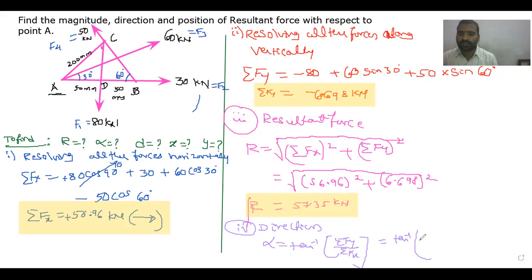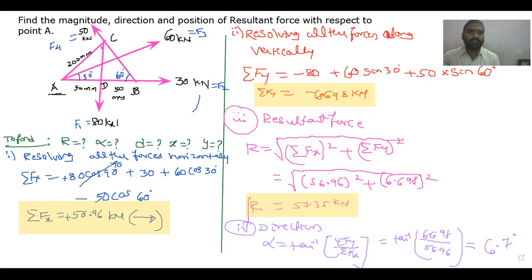Fy is 6.698 divided by sigma fx, 56.96. So you will get the value of alpha as 6.7 degrees.